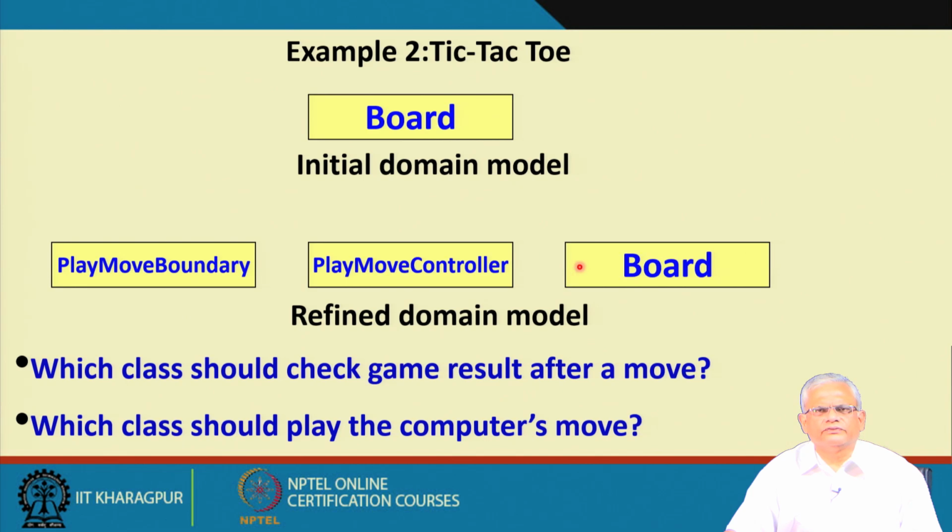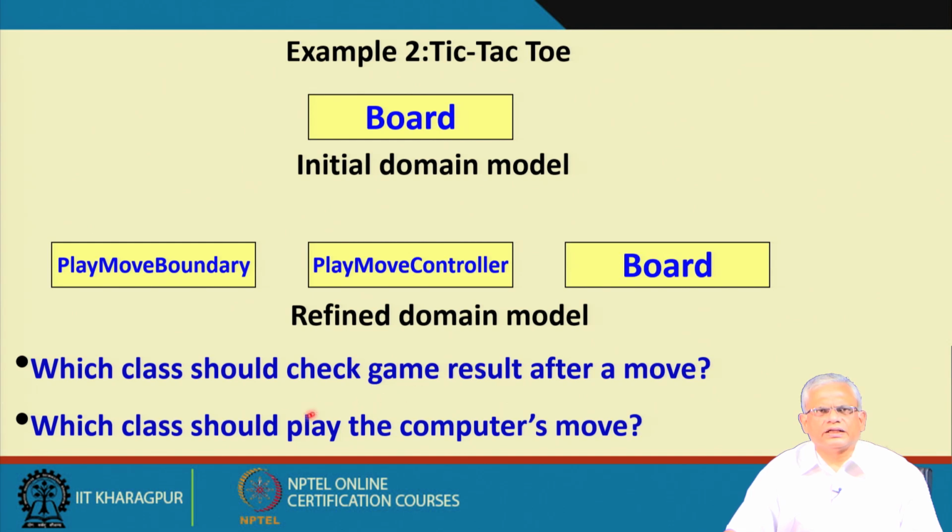It has to get all the information from the board, because the board has the information about which player is occupying which square. And what about the board? Yes, the board is the right class. It has all the information about which player has marked which square, and based on that we can have a simple algorithm to implement the method that will check whether the game is drawn.